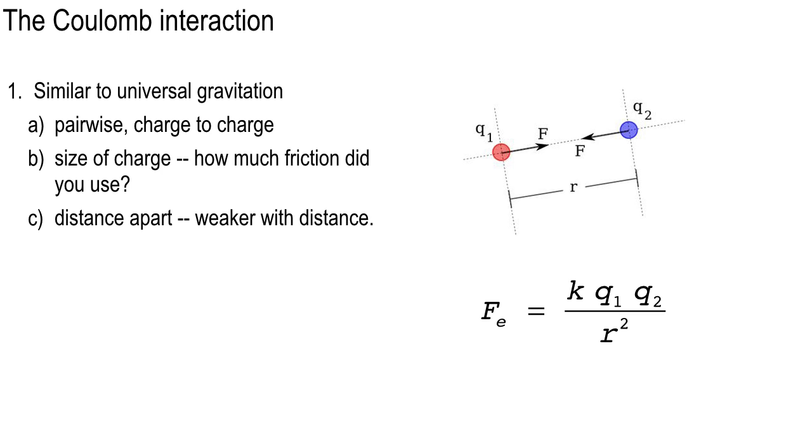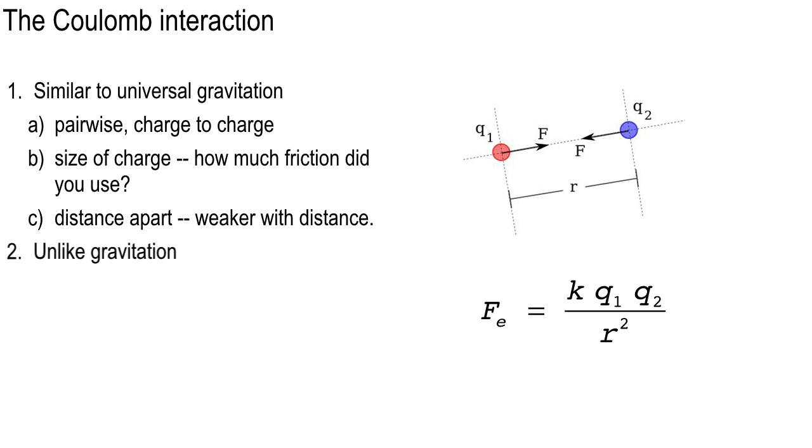And then, just like the constant G in universal gravitation, he has another conversion constant called the Coulomb constant, symbolized K, and that is this item right here. So this should look a lot like gravitation to you, okay? Because gravitation is G times m1 times m2 divided by r squared. This one, K, a constant, times Q1 times Q2 divided by r squared. And that gives you the magnitude.